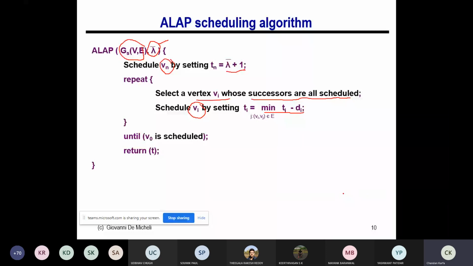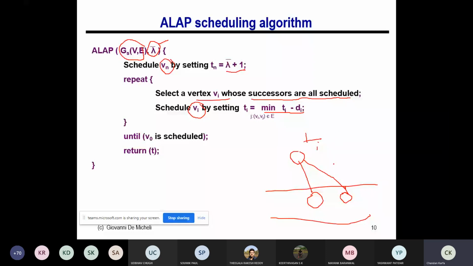So here the idea is that if this is my sink node, it can be like this. Suppose there is a node here which goes in both directions, and they are both scheduled. Since the time step is this, say, for VI, if I start at TI, I need TI plus DI, TI plus DI minus 1 time steps.